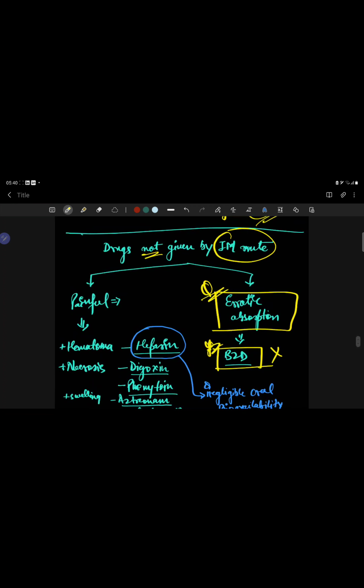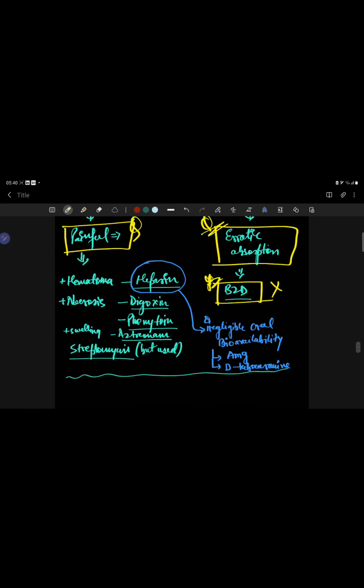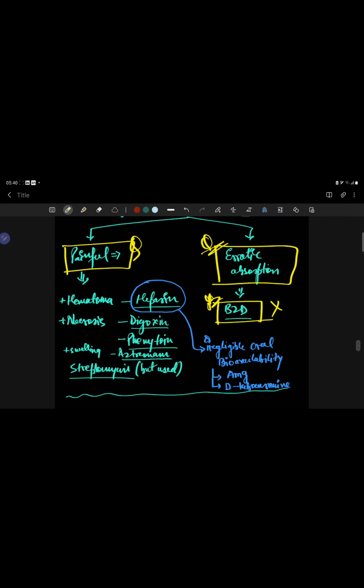Now most of the drugs which are not used by the IM route are generally painful. There are a number of drugs not given by the IM route because they are very painful. But a few you have to remember, because apart from pain they are also not given because they cause hematoma.